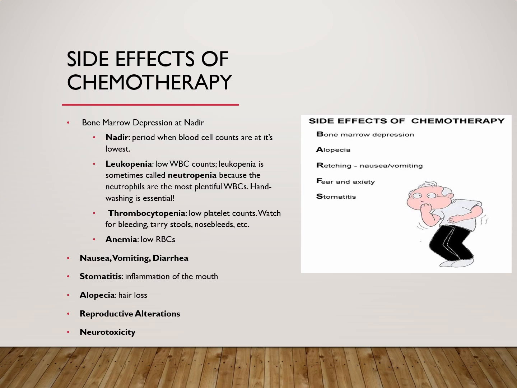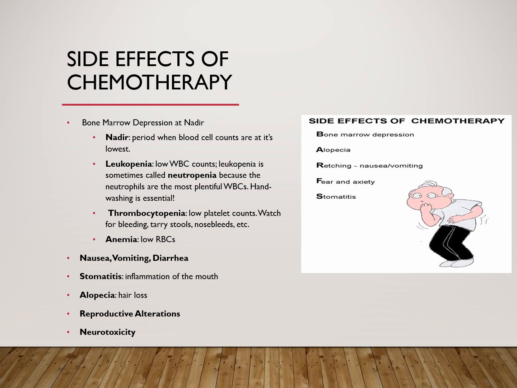The period in which your blood cell counts are at their lowest point is called nadir. So it's bone marrow depression at nadir. It is the period at nadir that causes a lot of the side effects associated with chemotherapy, such as leukopenia, which is your low white blood cell count.